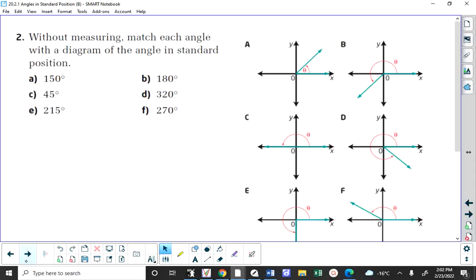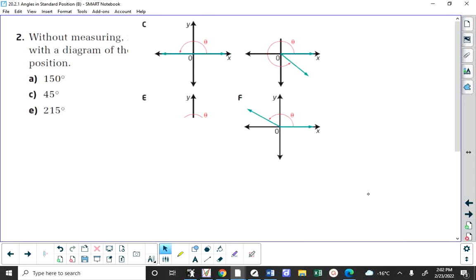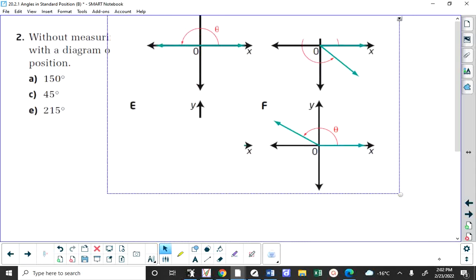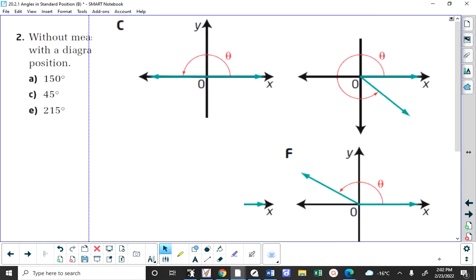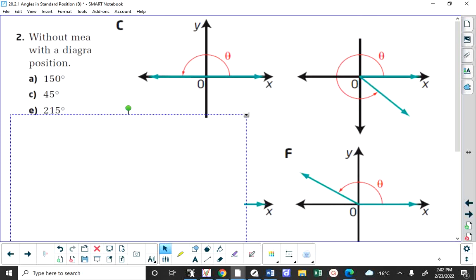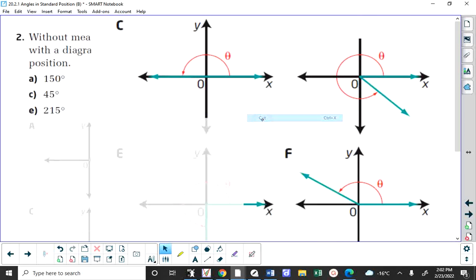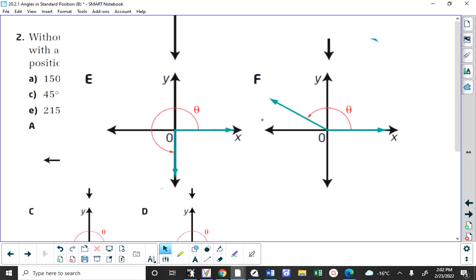In the diagram in the bottom right corner labeled F, the reference angle is this angle here, theta reference, and there's no direction associated with it. It's just an angle.